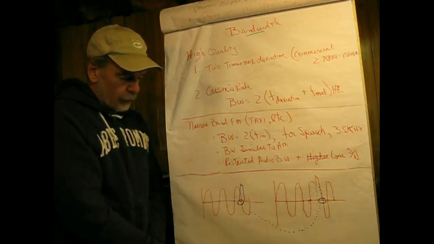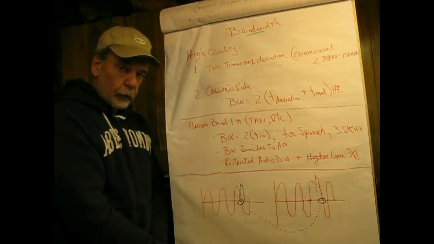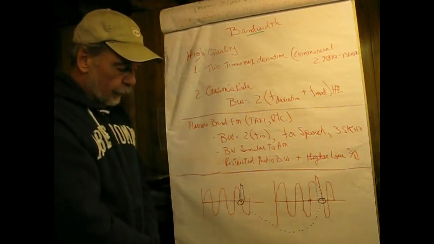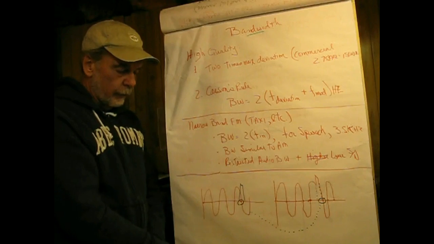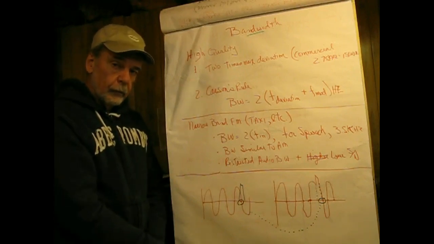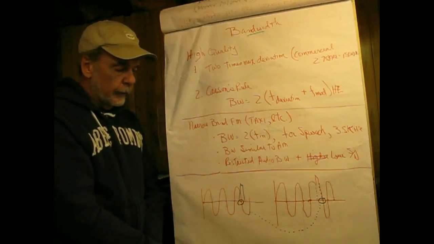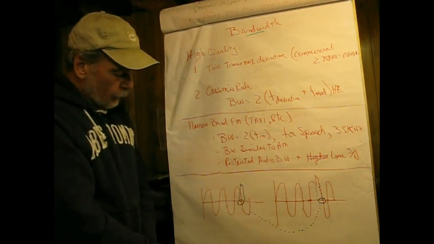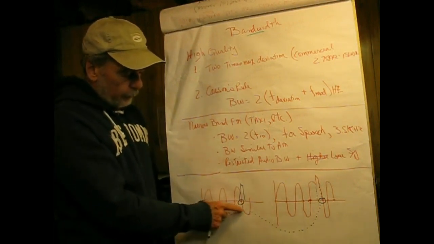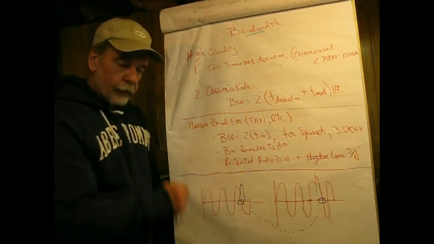So let's take a look and see if FM is truly noise immune. When I first discovered FM, I was recording rock music on a tape recorder in a thunderstorm, and I simply couldn't believe it. I didn't hear any cracks of lightning or anything else in the music. So here we've got an FM signal, and in blue there's a noise pulse.